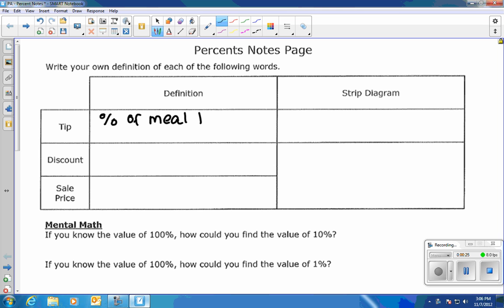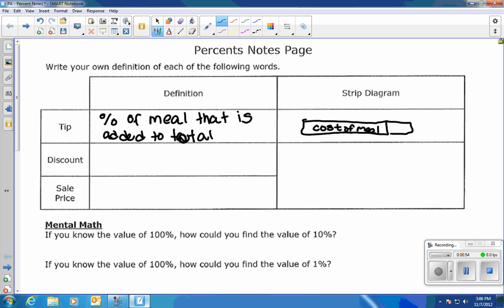So for the tip, a personal definition for tip is the percent of a meal that is added to the total. When we look at that in a strip diagram form, basically that cost of the meal is going to be in addition to a percentage, so it's smaller.